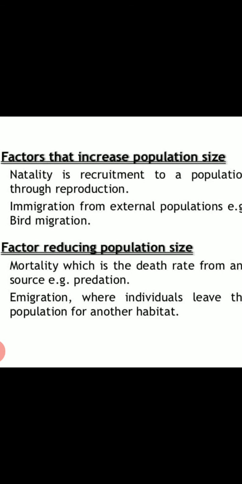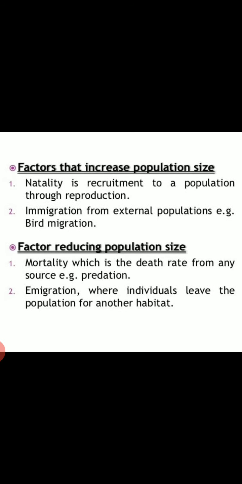Natality is nothing but the birth rate. When the birth rate increases, automatically the population size will increase. It is a natural way, through reproduction, that natality increases the population size.